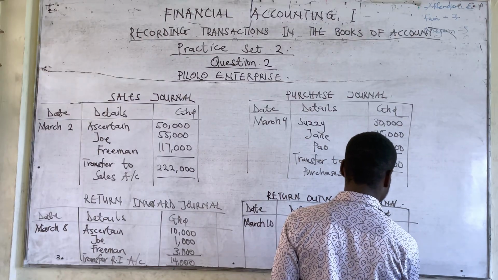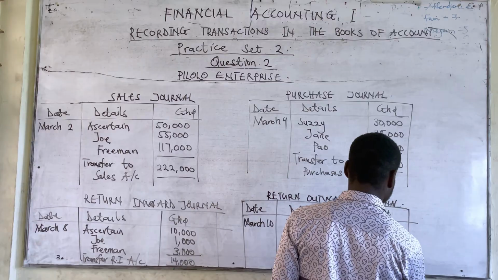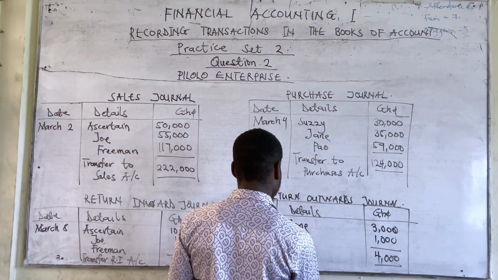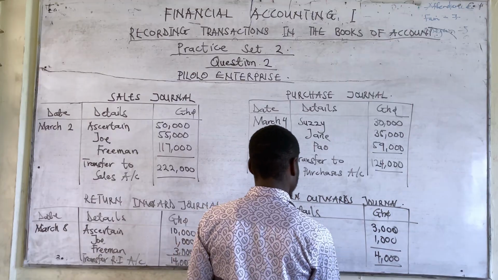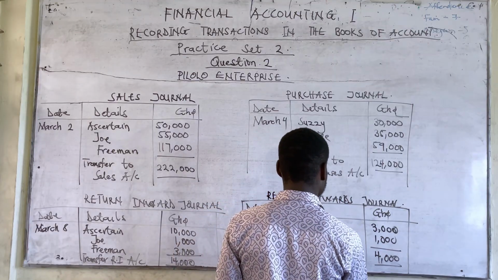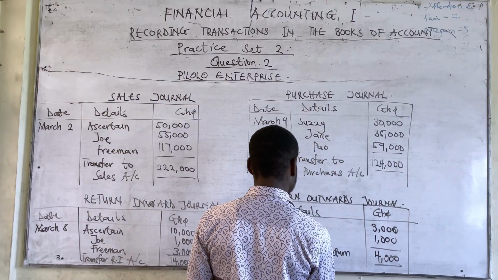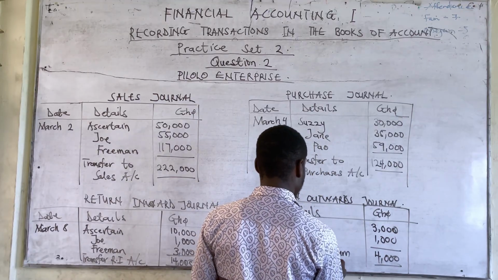So together we are getting 4,000. So this one is going to be transferred to what? The returns outwards account.